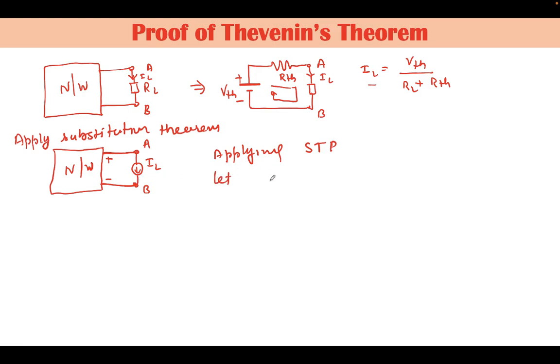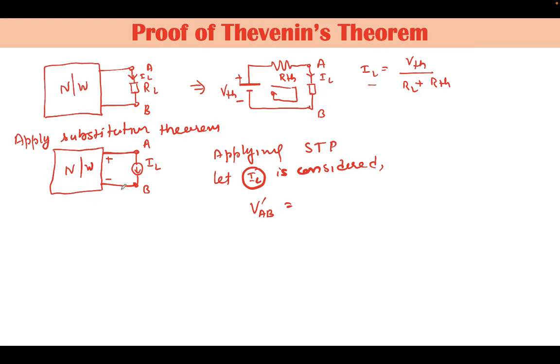Now let the current source be considered, having a magnitude IL. When IL is considered, this gives a voltage across terminal A and B. Let the voltage across terminal A and B be VAB dash due to this source. Because the current flowing in this circuit is IL, and according to the superposition theorem, in the rest of the network all the voltage and current sources are replaced with their internal resistance.